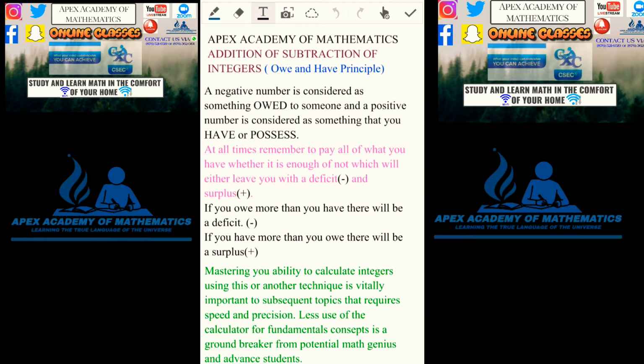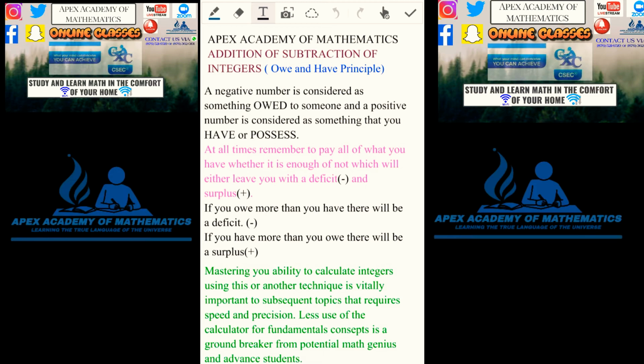All right, now this is for students mainly having problems calculating and having sign problems, when to put what sign where and how to calculate. And most of the time when students do not know this principle or this concept, they tend to resort to the calculator for very basic fundamental questions like these.